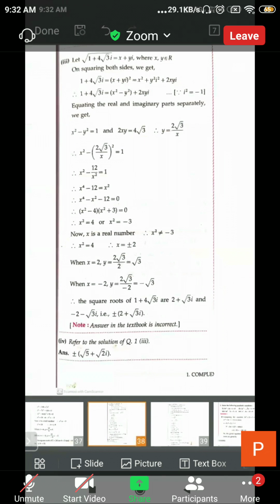Otherwise, we will start with finding the solution of the quadratic equation. Just like the previous one, this is also the same method. Just go through this and tell me if you have any doubt.